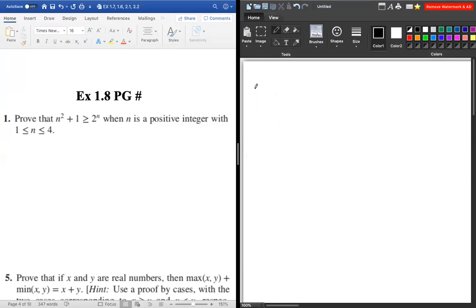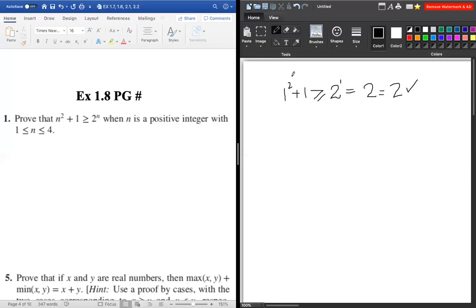Okay, so we have the statement. We'll just plug in the values here for n. So we'll take 1 squared plus 1 is greater than or equal to 2 to the power of 1. Here 1 squared plus 1 is 2, and 2 is equal to 2, which is true, right?